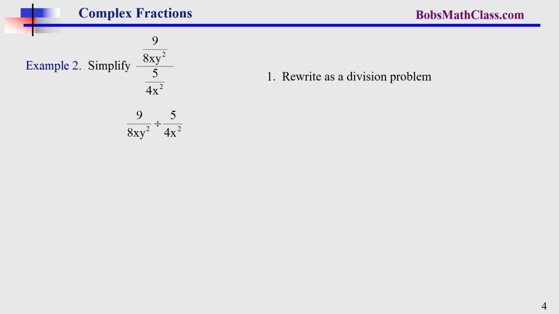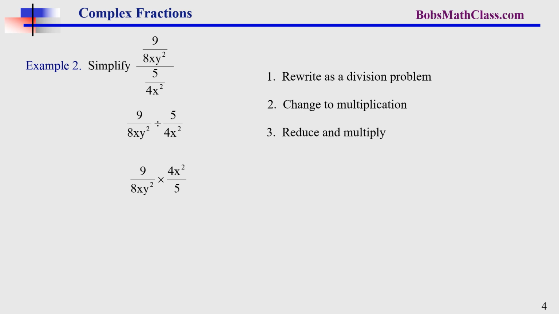And now we turn it into a multiplication problem. Keep, change, flip. Okay, we'll try to reduce. We can reduce the 4 and the 8. Yes, 4 goes into 4 one time and 4 goes into 8 two times. You could reduce the x's here, or you could wait and put it in a single fraction and then reduce.